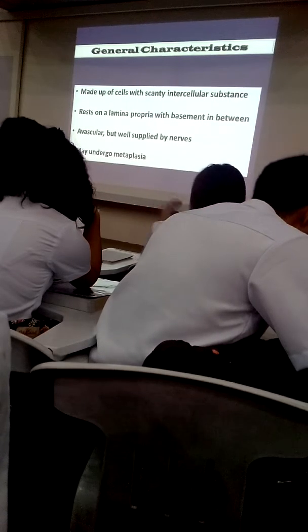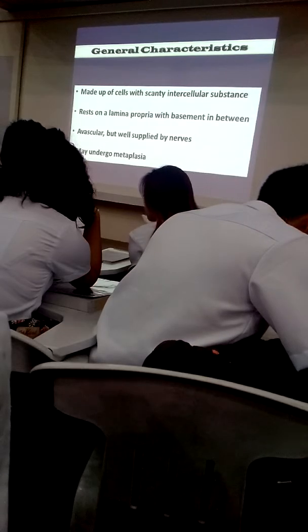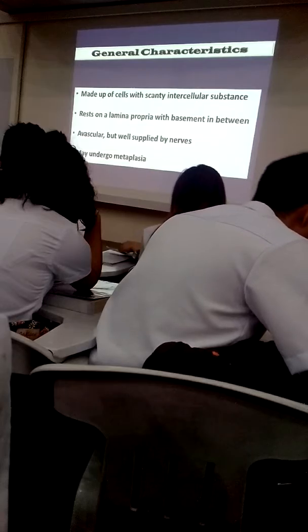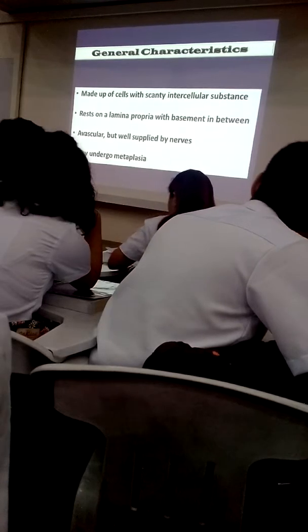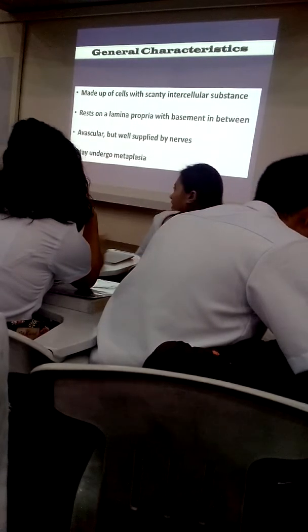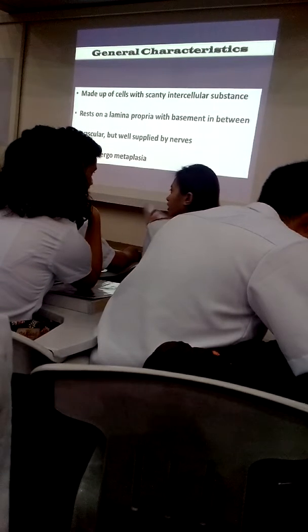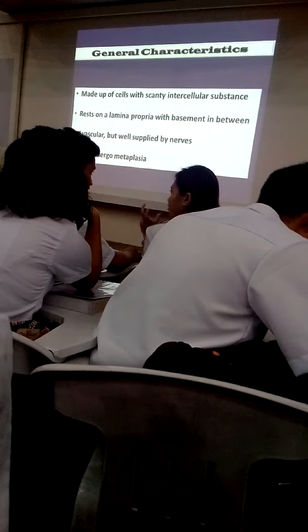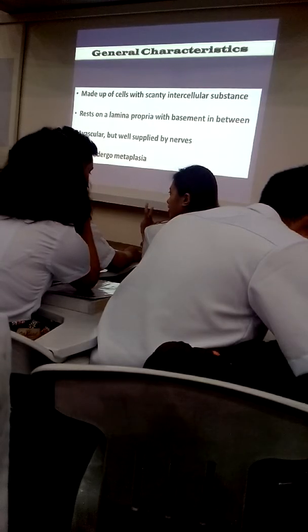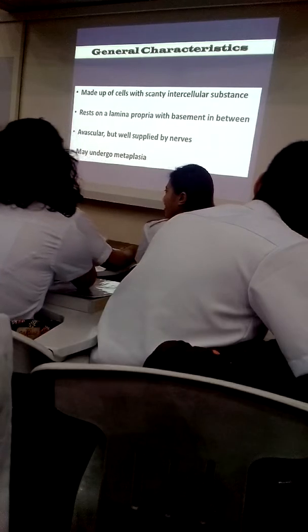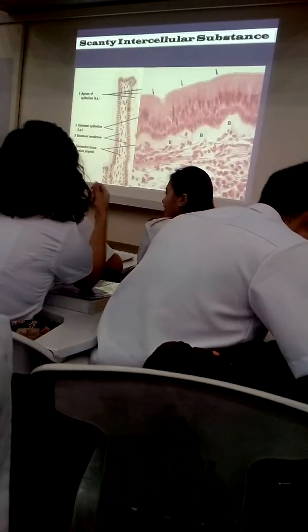So by diffusion, they are supplied with nutrition and other substances that they require. But they are supplied by nerves, because as we will discuss later, there are some functions with regards to neuroepithelia, so they would need receptors for that function. They may also undergo metaplasia. We'll go through each characteristic one by one.